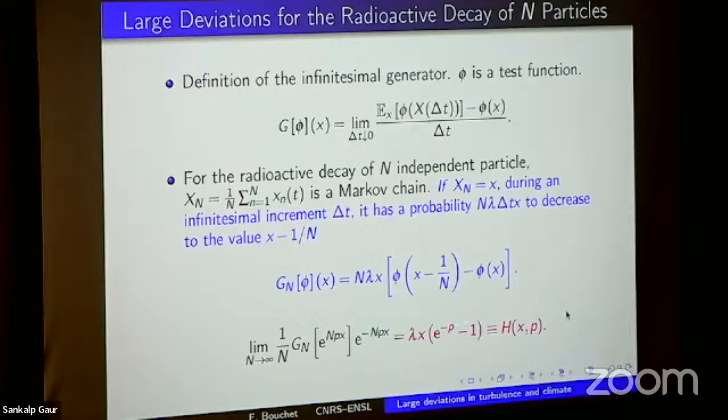You see it's proportional to lambda, which is the rate. It's proportional to x because it's proportional to the number of particles that have not decayed yet. And then there is this factor, exponential of minus p, minus 1. This exponential of minus p minus 1 is what you get when you have a Poisson process, and this is actually when you have an exponential decay. Every time you see this exponential factor, it's related to exponential decay.